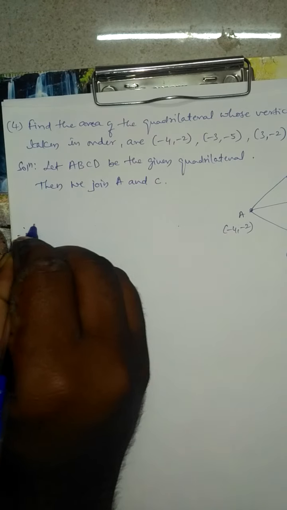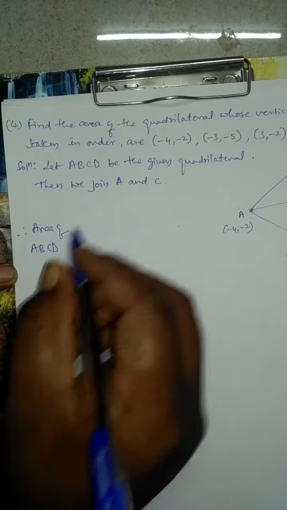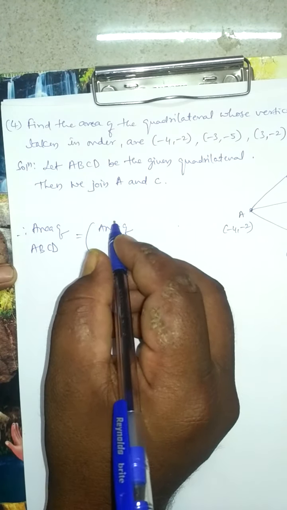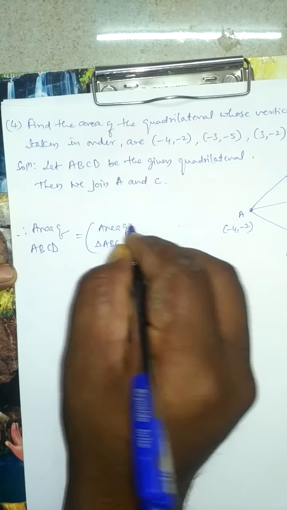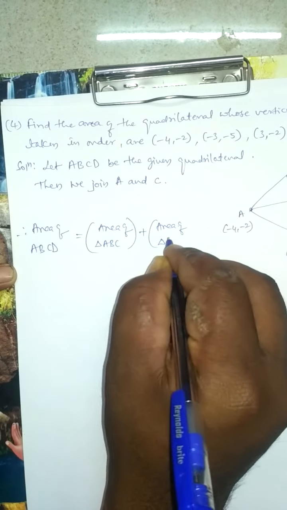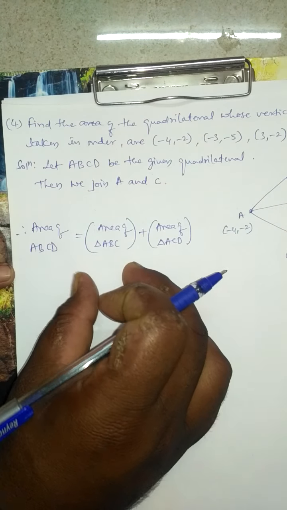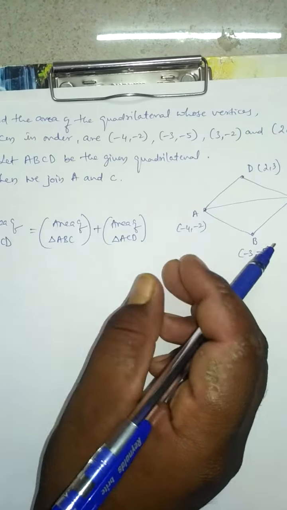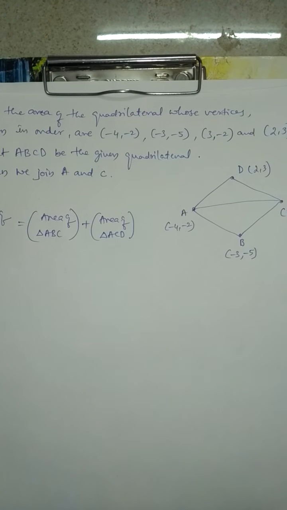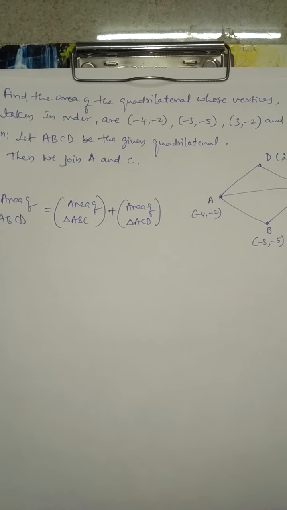So therefore, area of quadrilateral ABCD is equal to area of triangle ABC plus area of triangle ACD. So we have to find out separately the area of triangle ABC and the area of triangle ACD, both with the help of the area of triangle formula, and we have to add both triangles' areas.